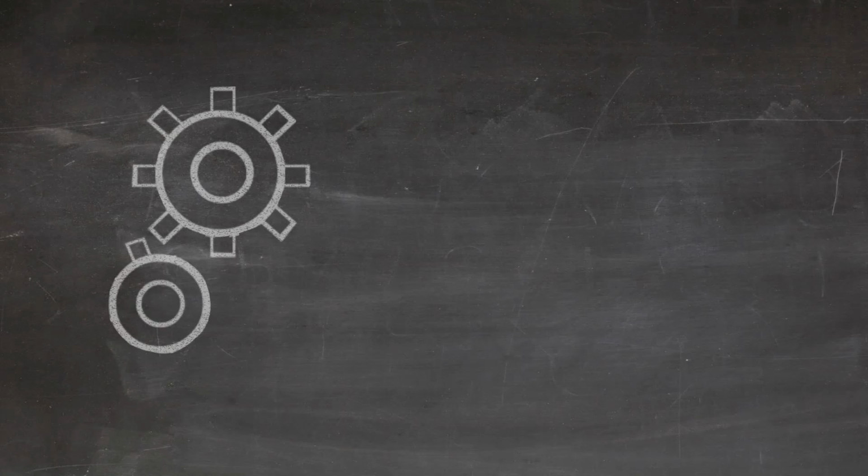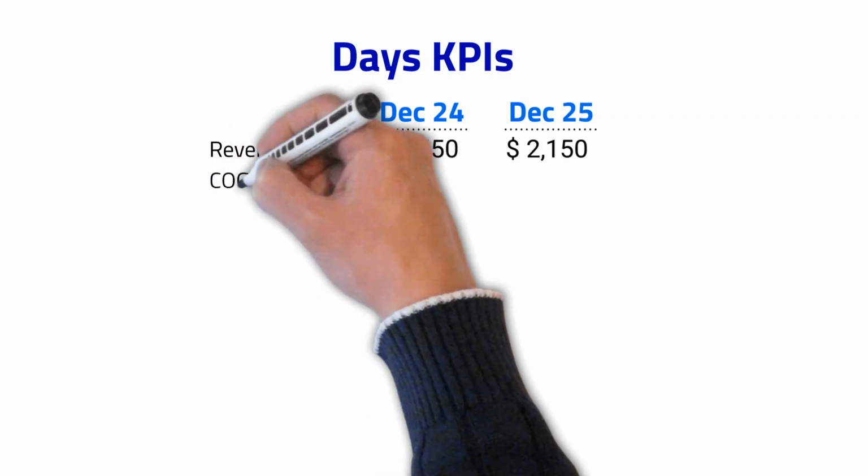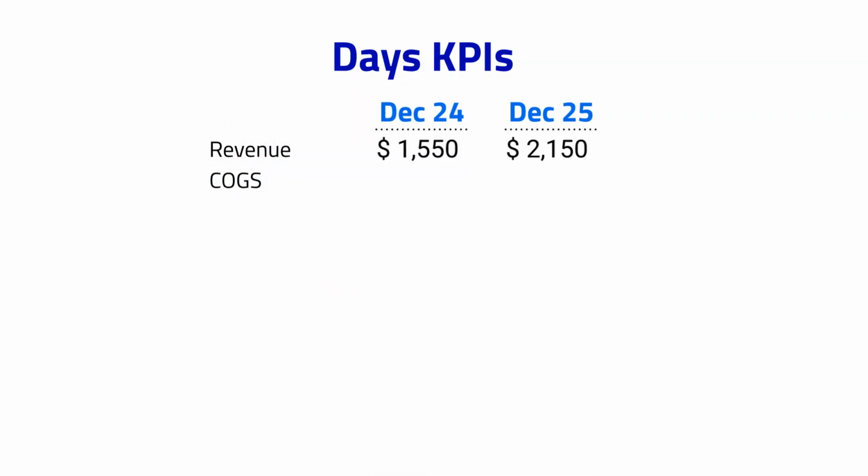How exactly did we manage to do that? Let's have a look at individual components of net working capital and recalculate the days outstanding. We start with inventory. To calculate days inventory outstanding, we need cost of goods sold. Let's assume our cost of goods sold was 60% of sales. In dollars, that would be 2,150 times 60% or 1,290 in 2025.